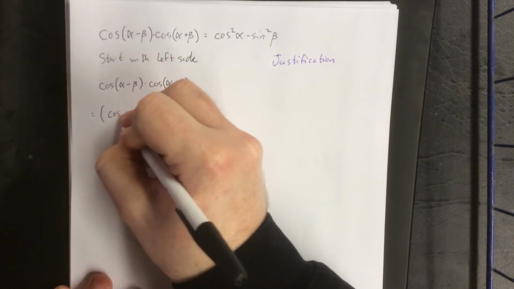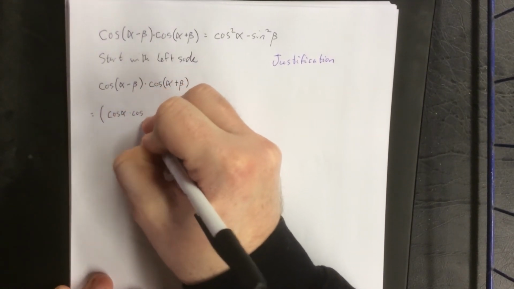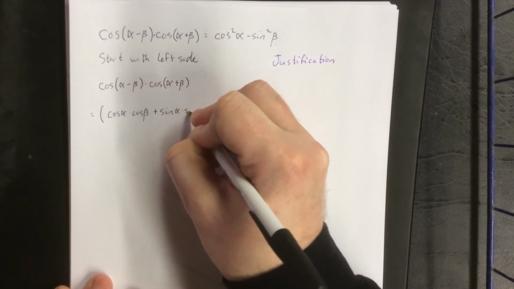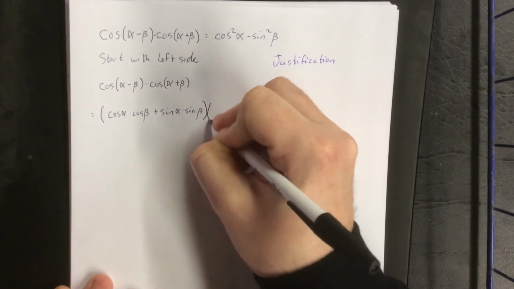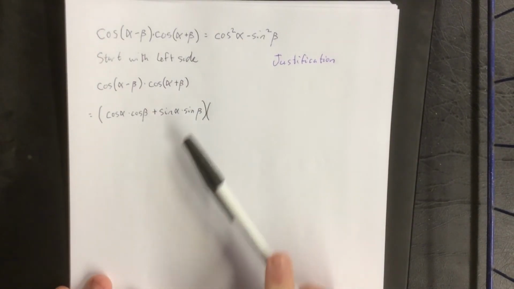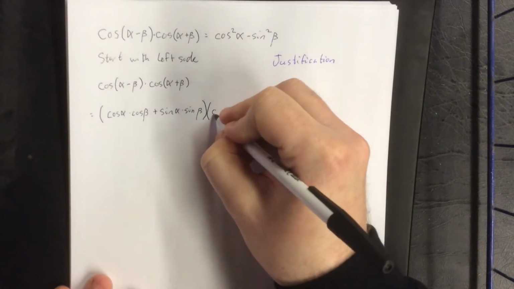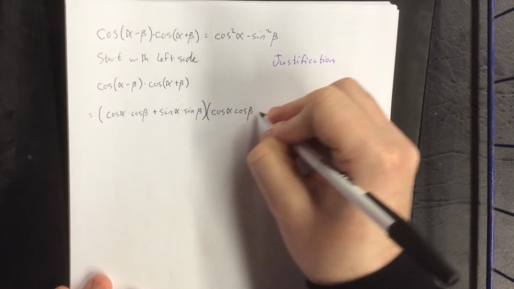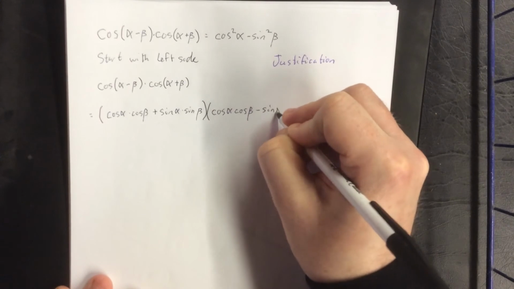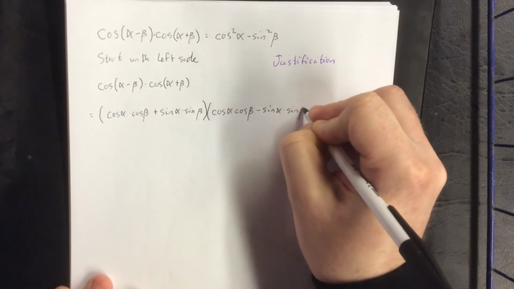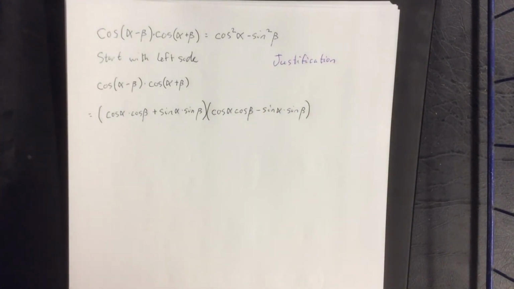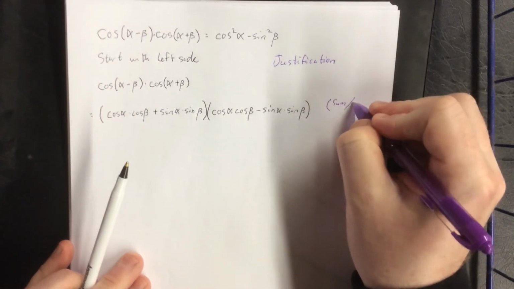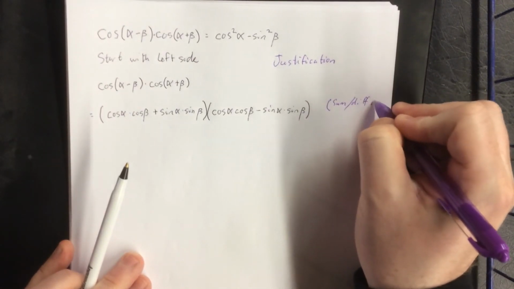Cosine of a difference formula is cosine of alpha, cosine of beta, plus sine alpha, sine beta. The cosine of a sum formula is cosine alpha, cosine beta, minus sine alpha, sine beta. And that was sum and difference identities.